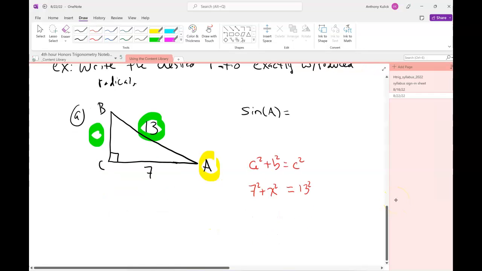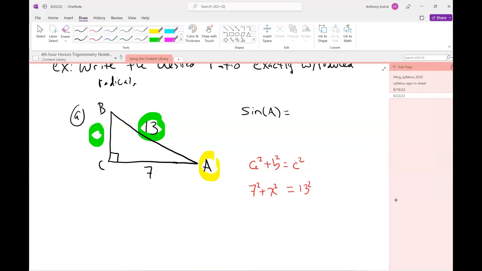Okay. So I can then just subtract 7 squared from both sides and just say x squared is equal to 6 squared, right? No! Yeah, I saw some people shaking their head. What's wrong with what I just suggested doing? Why would I have to do that first?